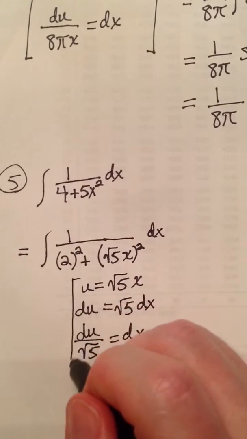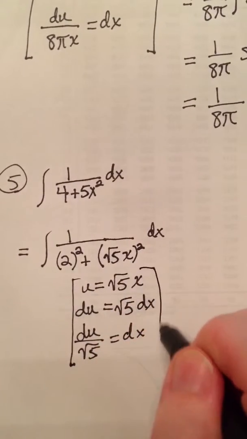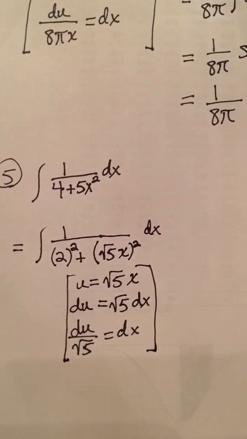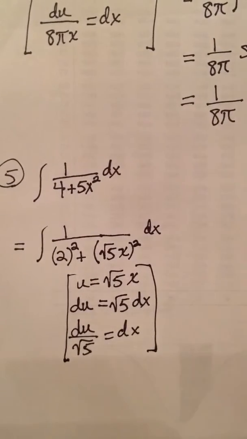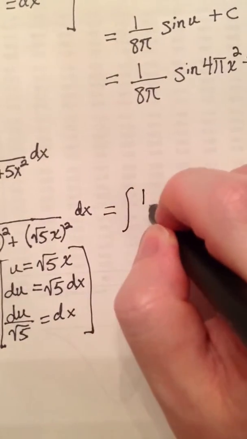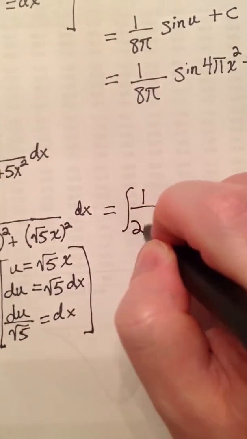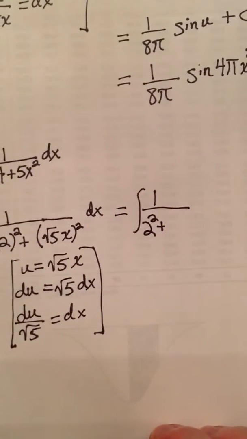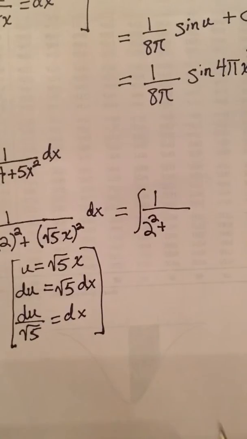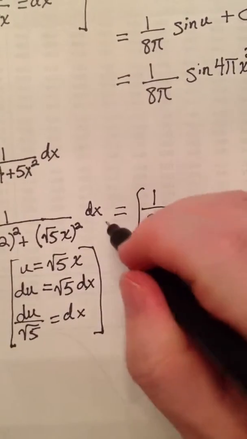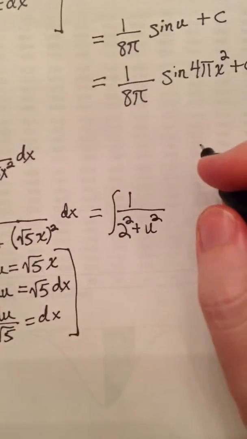And so in carrying over what we have for the substitution, we have once again 1 over 2 squared, and then in place of square root of 5 times x we have u squared, and as for dx we have du over the square root of 5.